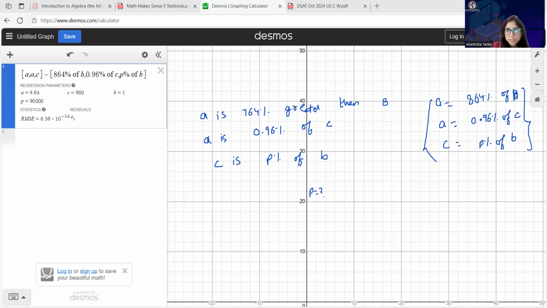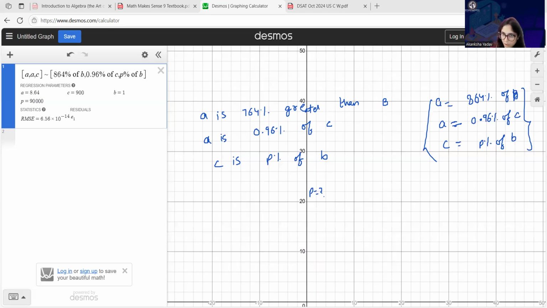Because A is 764% greater than B. When it is a certain percentage greater, you'll be adding 100% to it, right? And A is 0.96% of C. I've just written it like this. C, we have just written C is equal to P% of B. Oh, okay, wait, I get it now.